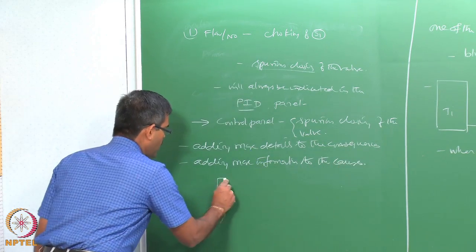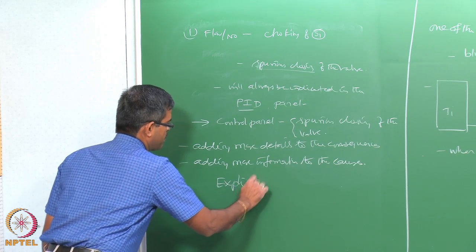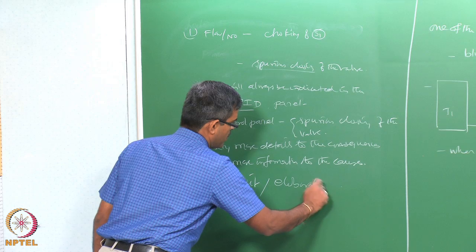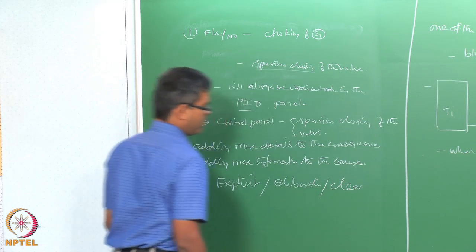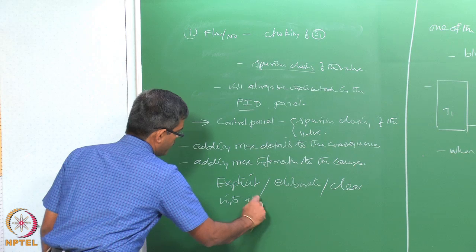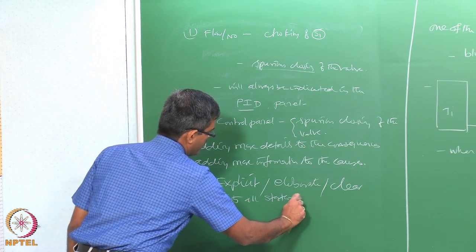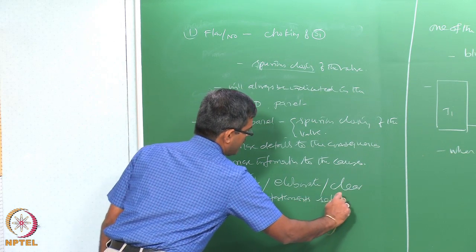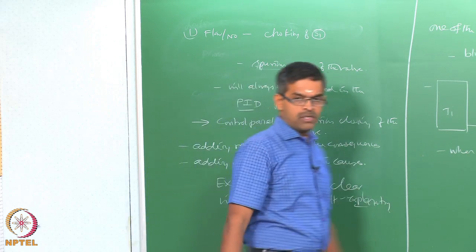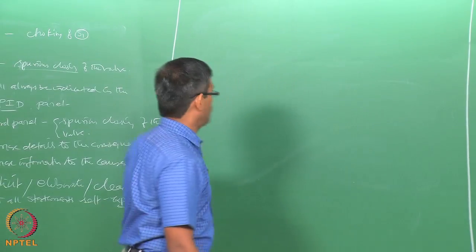So, your writing of Hazop report should be explicit, should be elaborate, should be clear, with all statements self-explanatory. That is very important.